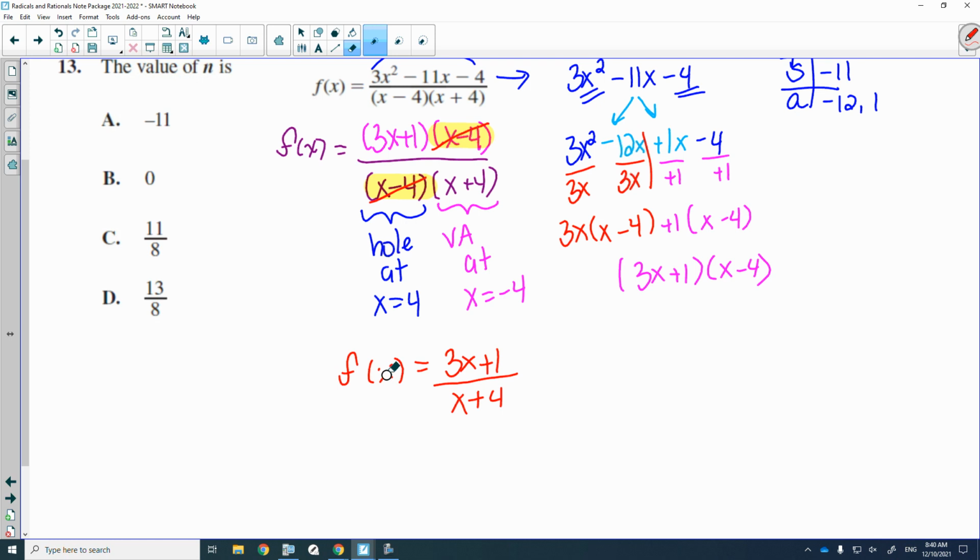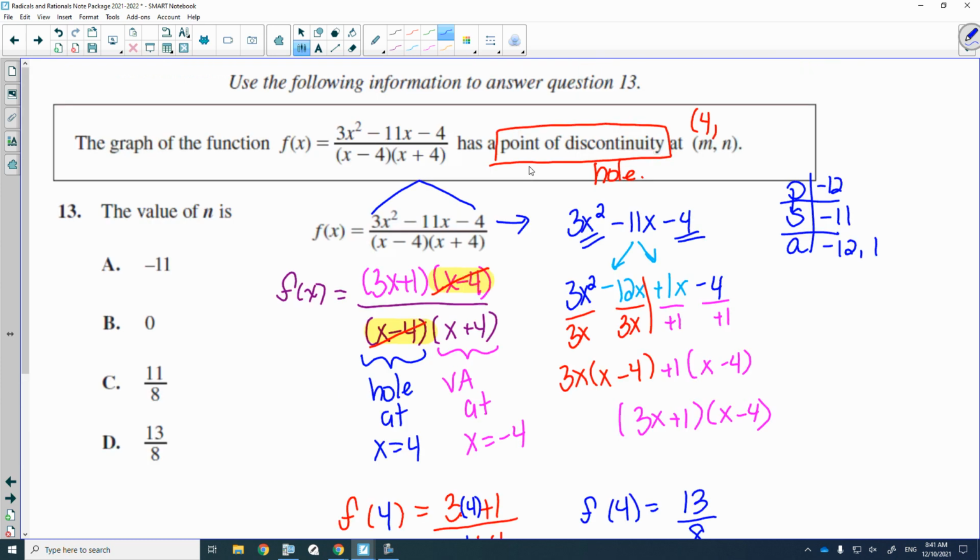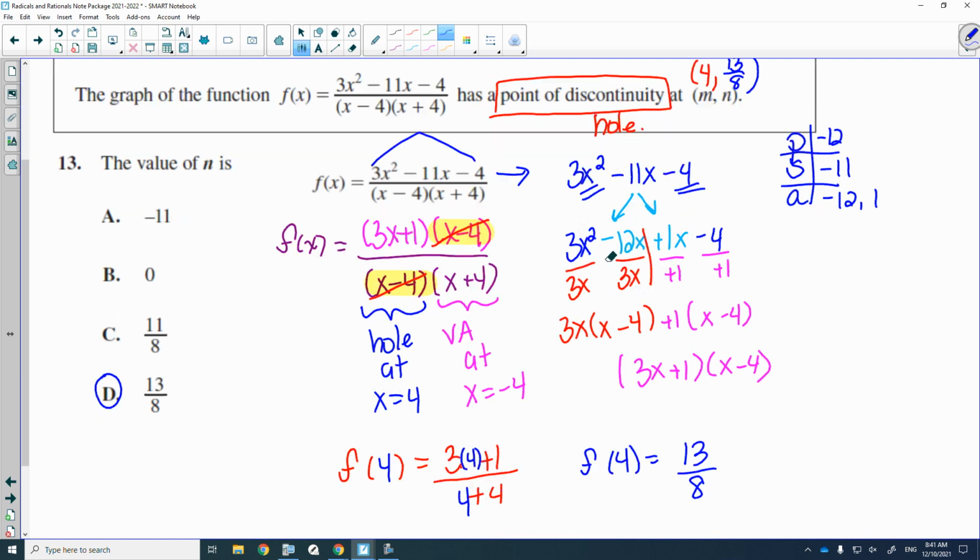So I'm going to put a 4 here, 4 here, and a 4 here. So 13 over 8. Is that what you guys are getting? Okay, so that's my n value, and it was D. Would have been your answer.